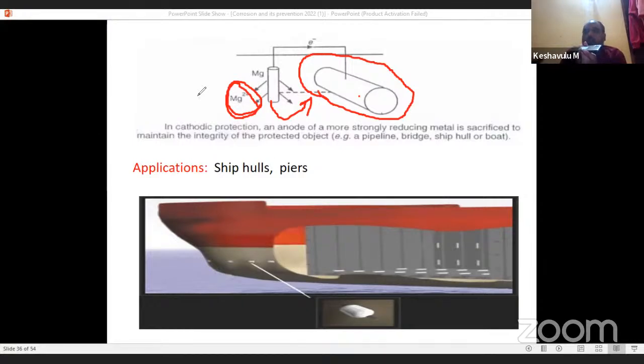But if magnesium metal is connected to the iron, the magnesium itself is involved in oxidation. Therefore, the iron is involved in reduction, so there is no corrosion process at the cathode, and it is protected from corrosion due to the sacrificing of the anode, the other metal.